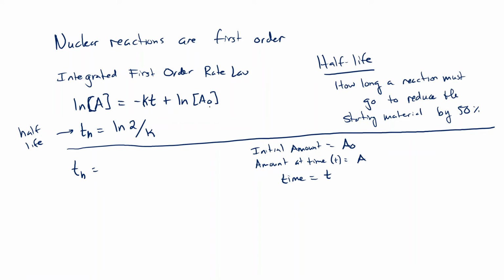Of course, what you could do is plug all of this into the integrated first order rate law, solve for K, and plug K into the half-life equation, and that would work every time. Instead, we can solve the half-life equation for K, plug that in up here, and solve the whole thing for half-life.